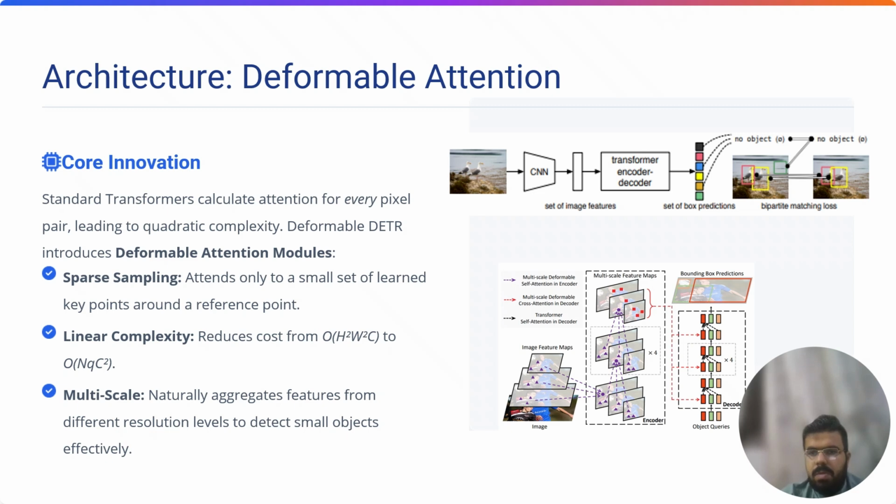So let me first explain the key innovation in the deformable DETR model. Its predecessor is the DETR model, which stands for detection transformer, and it calculates attention for every pixel pair, which leads to quadratic complexity, written as O of H squared W squared C, where H is the height, W is the width, and C is the number of channels output by the transformer.